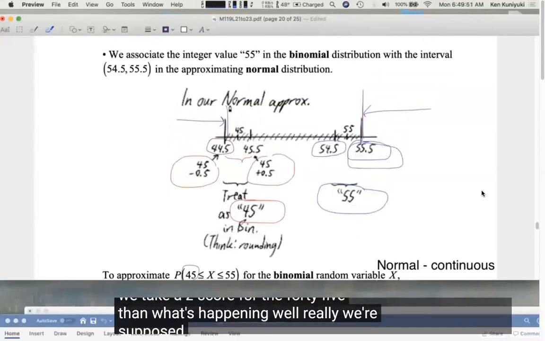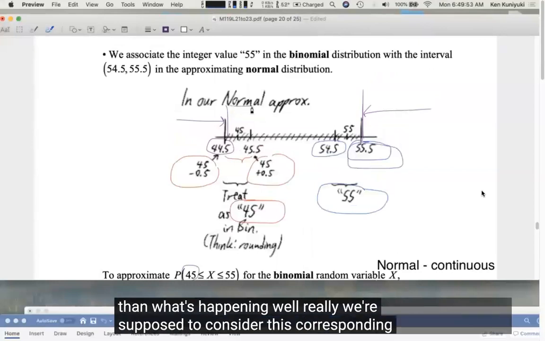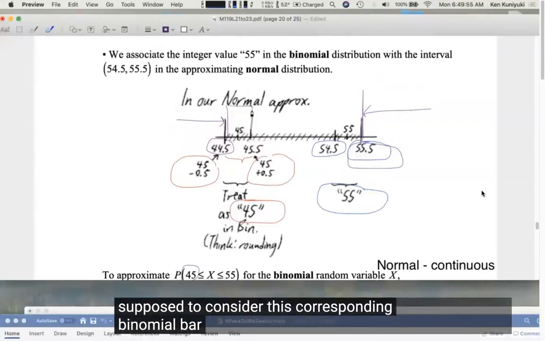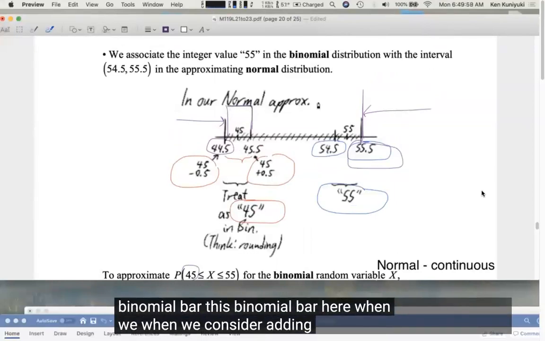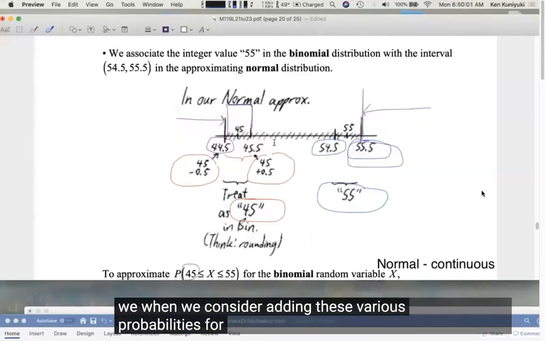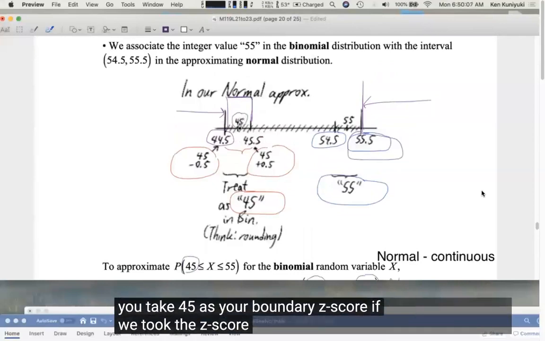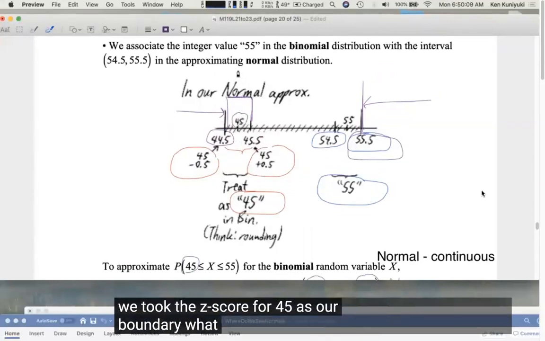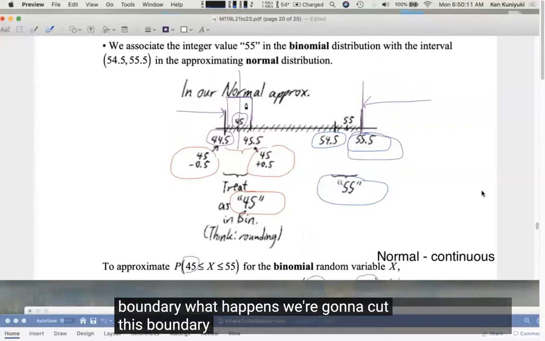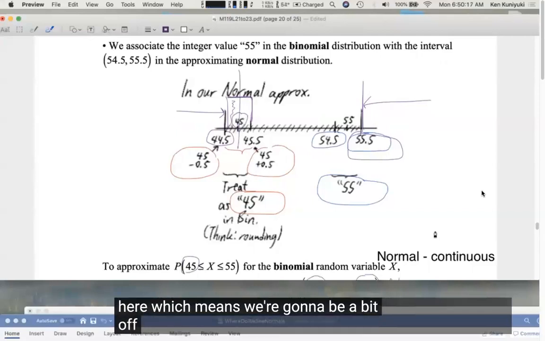Really, we're supposed to consider this corresponding binomial bar here when we consider adding these various probabilities for the binomial. But if we took the z-score for 45 as our boundary, what happens? We're going to cut this boundary bar in half, and we're going to lose this probability mass over here, which means we're going to be a bit off.